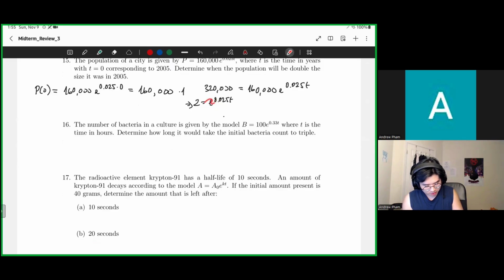If I want to solve for t, I simply take the natural log on both sides and then divide by the number in front. If I take the natural log of both sides, you get ln 2 is equal to ln of e to the 0.025t. The ln and the e cancel, so you're left with ln 2 is equal to 0.025t.